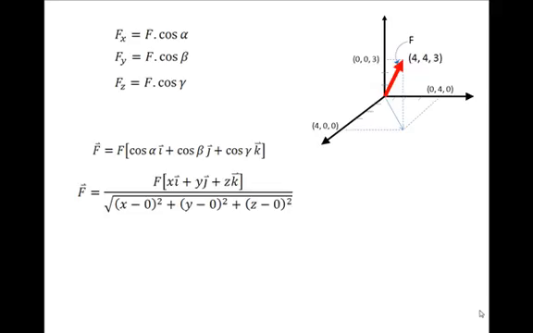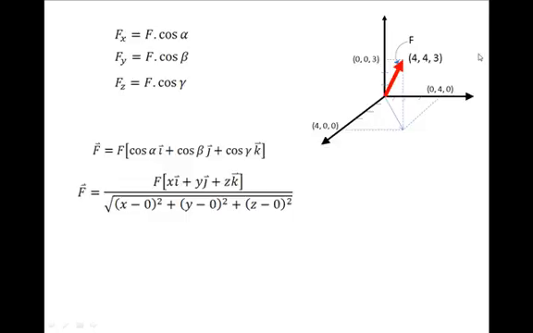Now, in order to understand properly the procedure, what capability one should develop is, given a force, how to express it as a vector. Let's say this red color arrow represents a force whose magnitude is F and which starts from 0, 0, 0 and ends in 4, 4, 3.